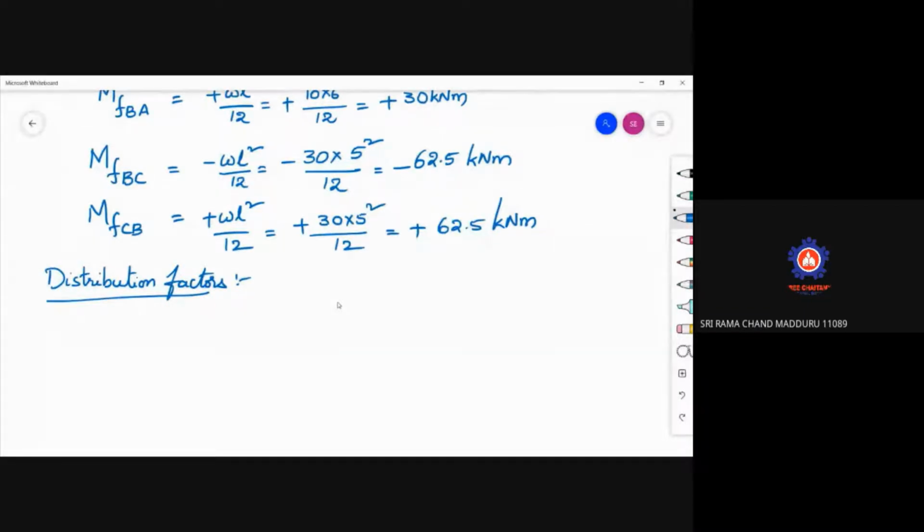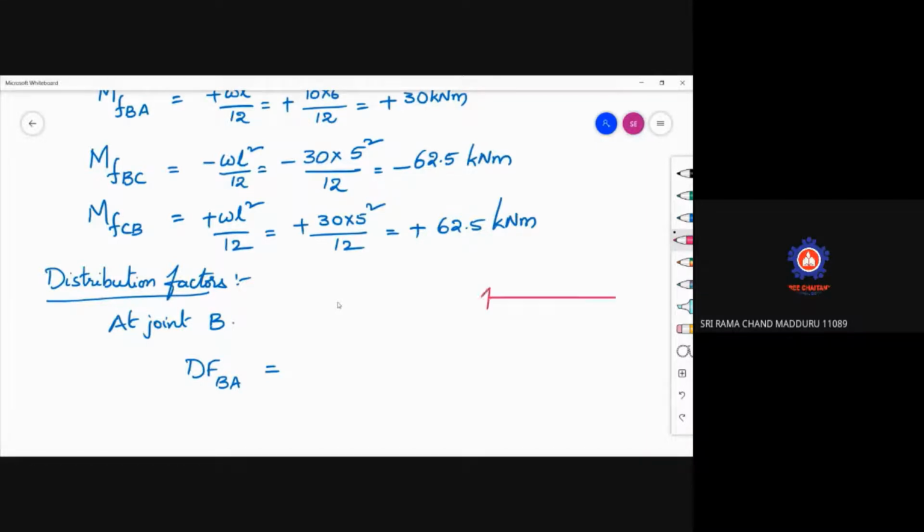In the distribution factors, we are calculating at joint B only. DFBA: at joint B there are two members meeting. So DFBA is equal to, now see this one, once again I am drawing the beam.